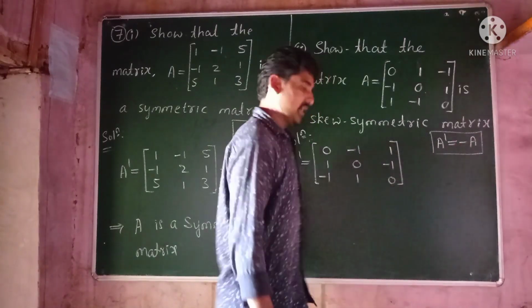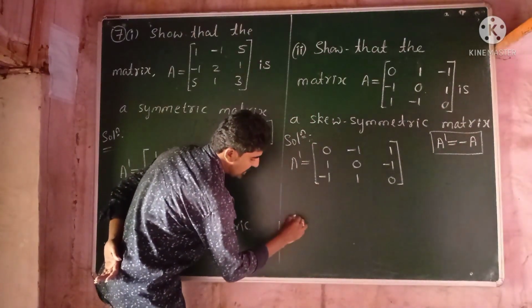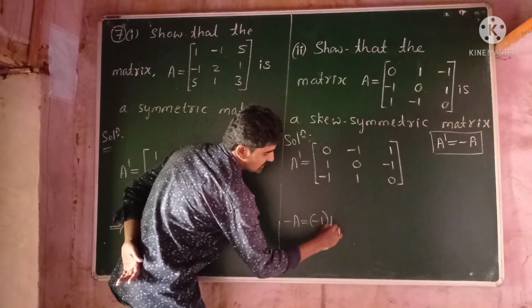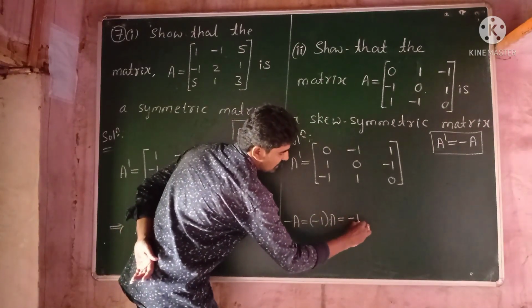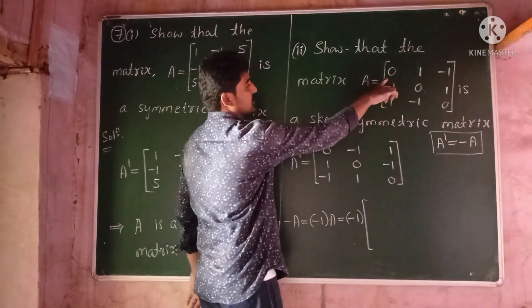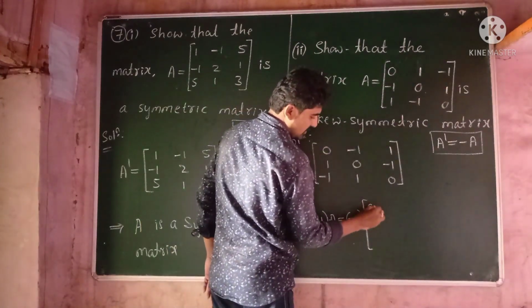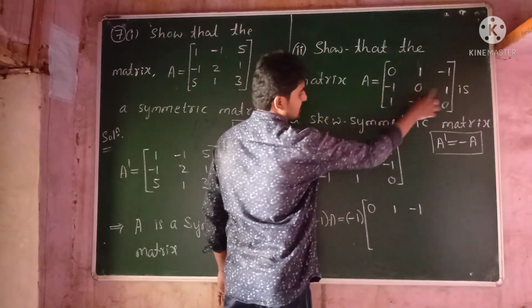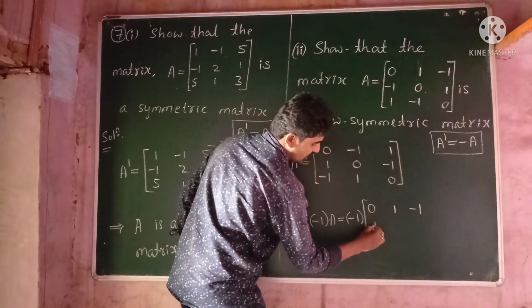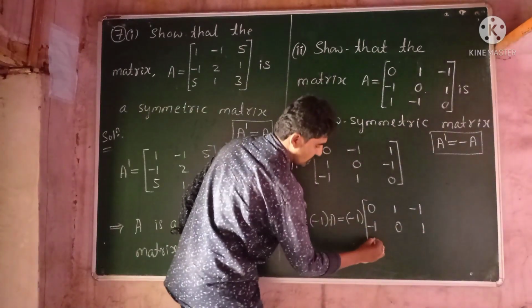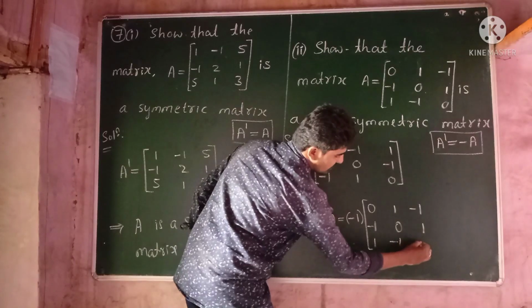Now minus A matrix. Minus A matrix is equal to minus 1 into matrix A, which is given by the matrix with rows 0 1 minus 1, minus 1 0 1, 1 minus 1 0.